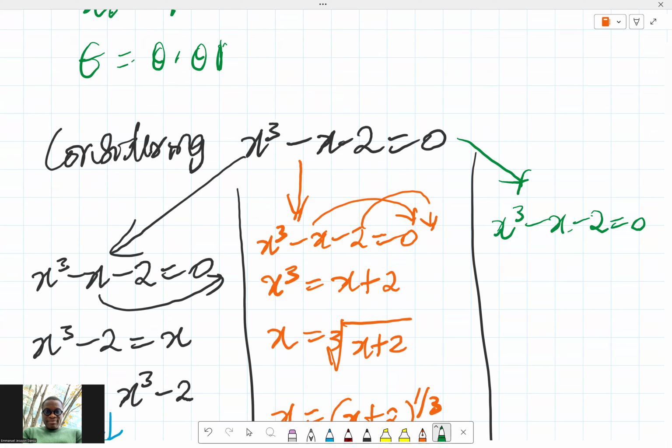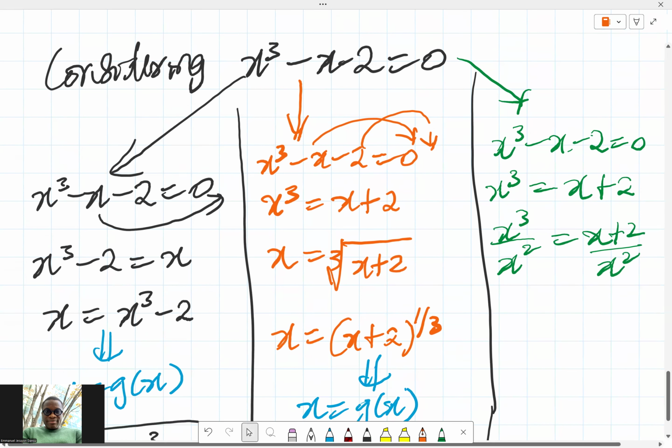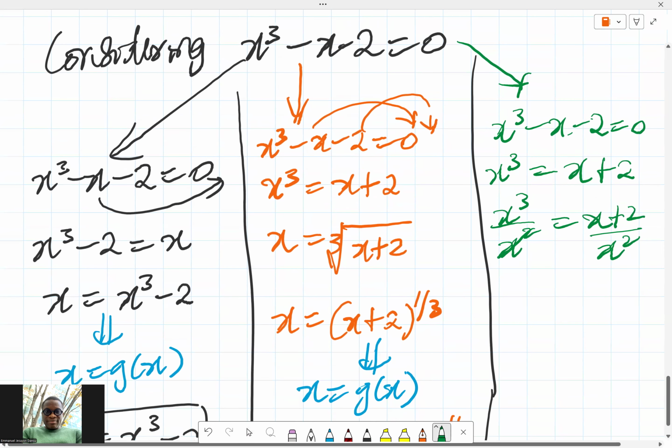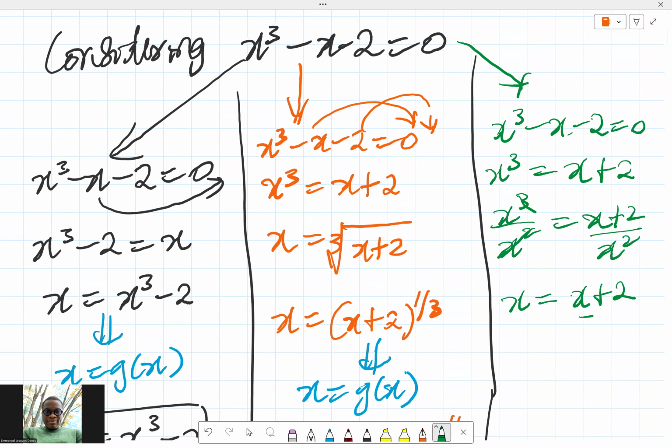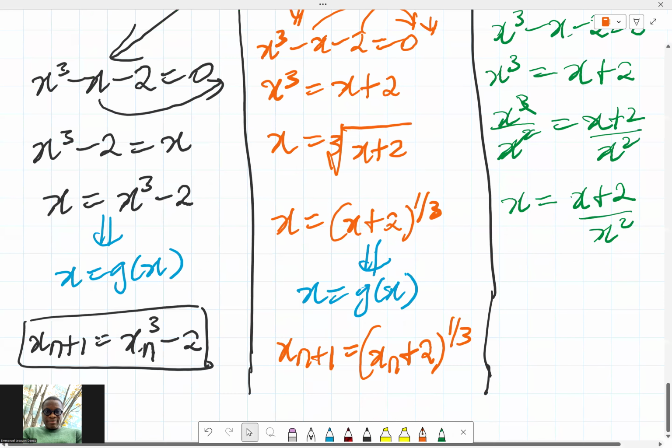So we can be ingenious about it, and we have x cubed equals x plus 2, and then we can divide through by x squared. So we have x cubed divided by x squared equals x plus 2 divided by x squared, okay? So at the end of the day, we have just x here equals x plus 2 divided by x squared.